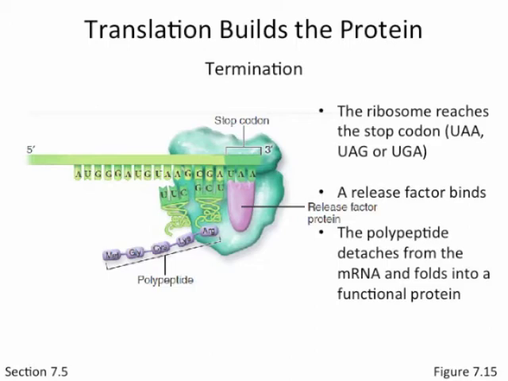So the stop codon is reached, the release factor will bind rather than a tRNA, and this causes the polypeptide to detach from the mRNA and the tRNA that it was attached to. It will now fold based on its polarity and become the functional protein. Okay. So that is termination.